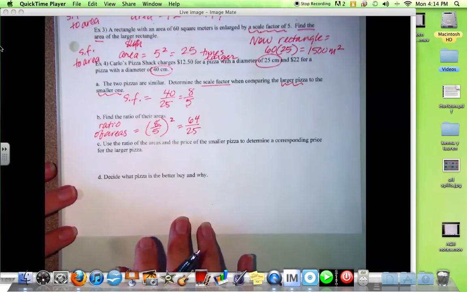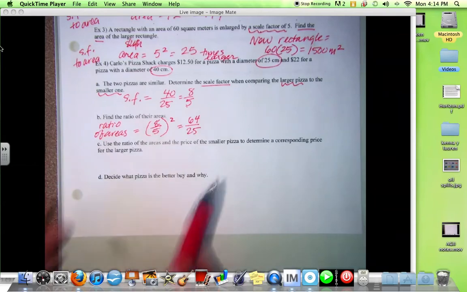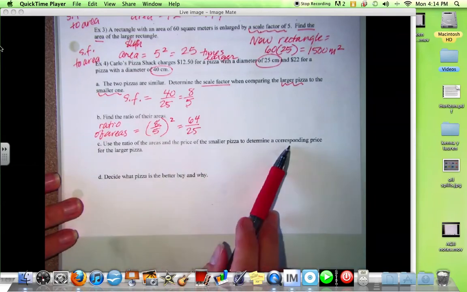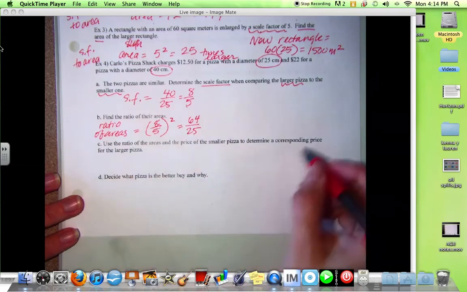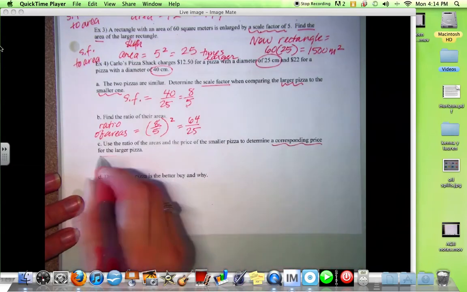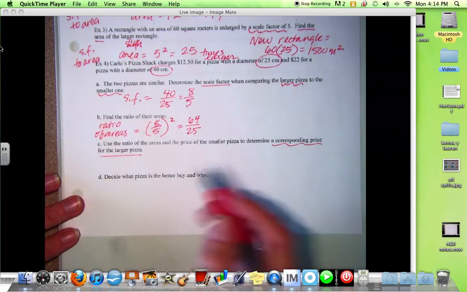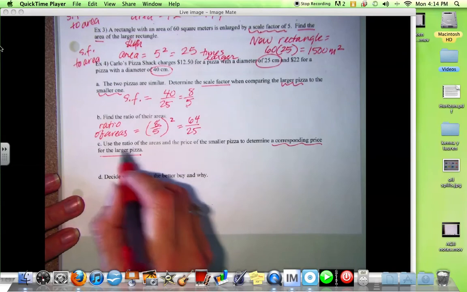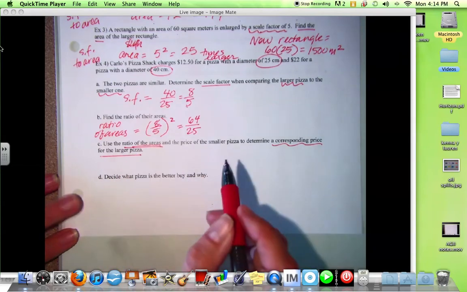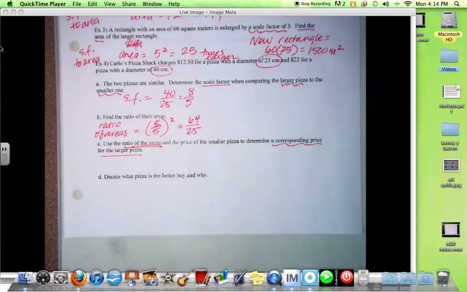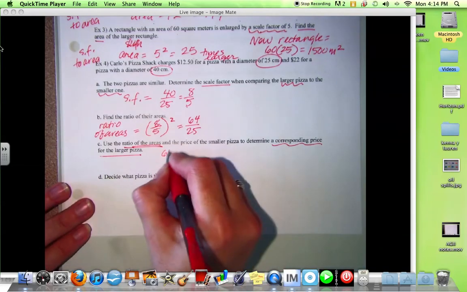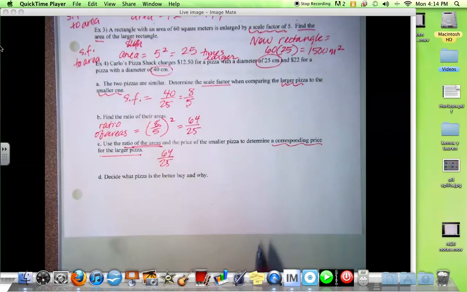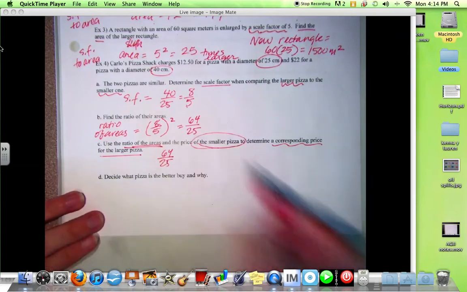Use the ratio of the areas and the price of the smaller pizza to determine a corresponding price for the larger. So we are trying to find a corresponding price for the larger pizza. That's our unknown. And we're asked to use ratio of the areas, that's 64 over 25, and the price of the smaller pizza.